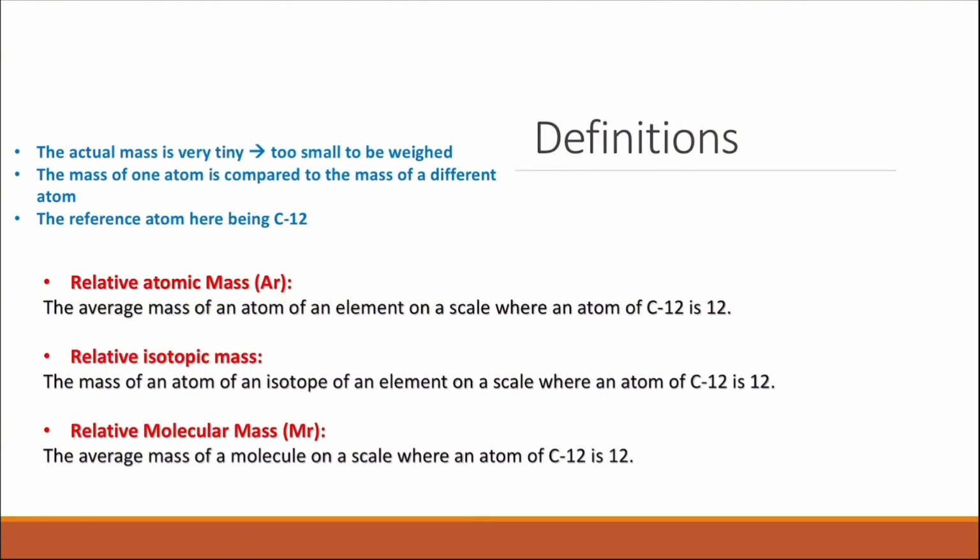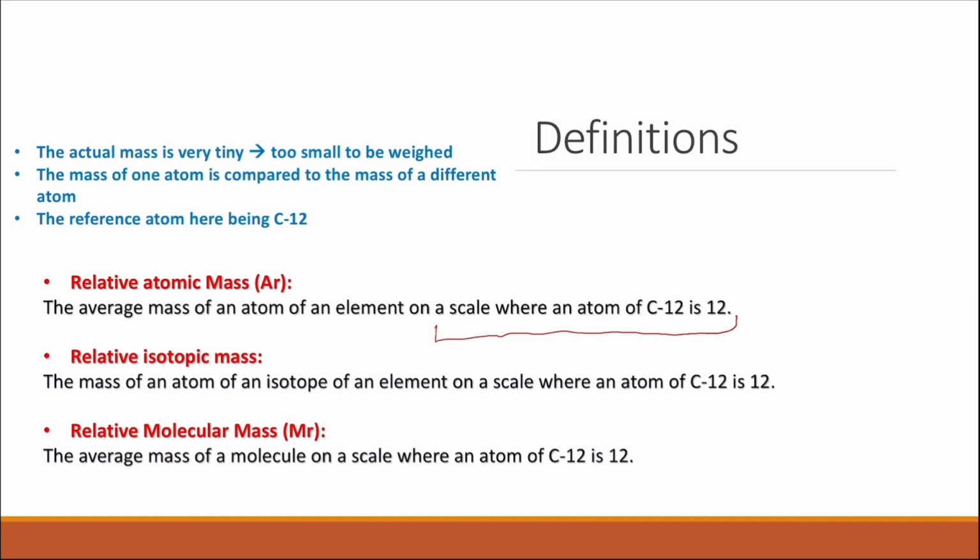Some of these definitions may come up in your exams, so make sure that you know these definitions about atomic mass, because we are going to talk about mass spectrometry, and mass spectrometry is one of the typical questions in paper one. Sometimes in a question about mass spectrometry, they ask you to define relative atomic mass or relative formula mass. Remember that when you define the relative atomic mass or relative formula mass, you will always refer to the scale where an atom of carbon-12 is 12.